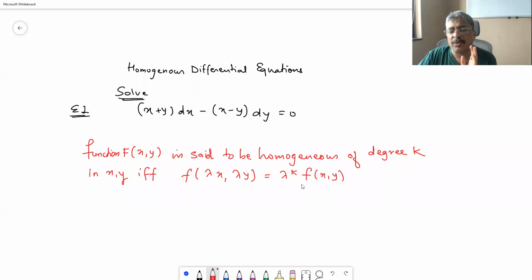It is simple. We have done this earlier also. A homogeneous equation in x and y has this typical property.